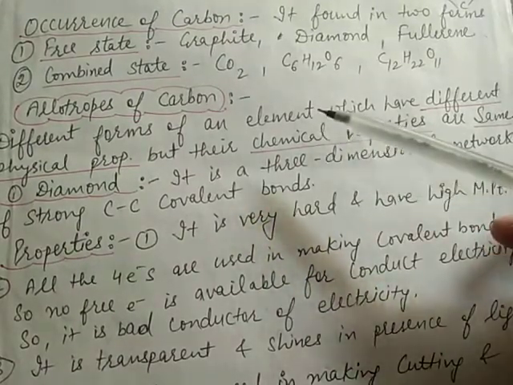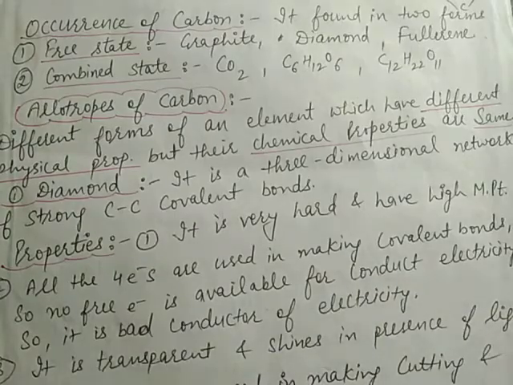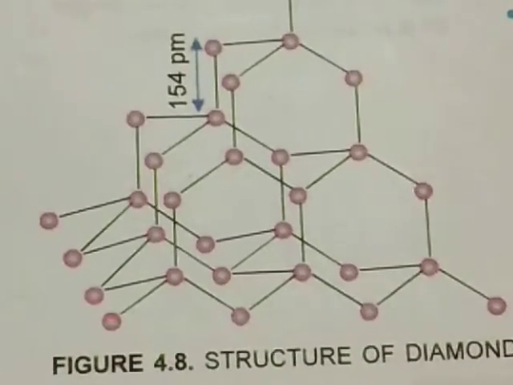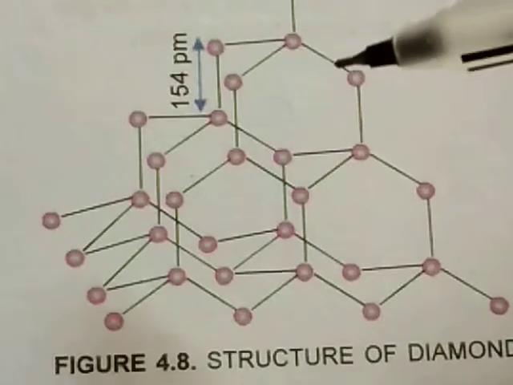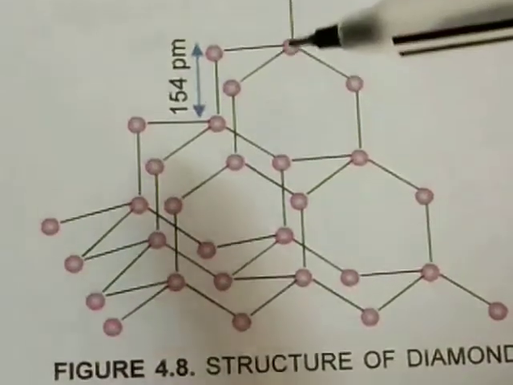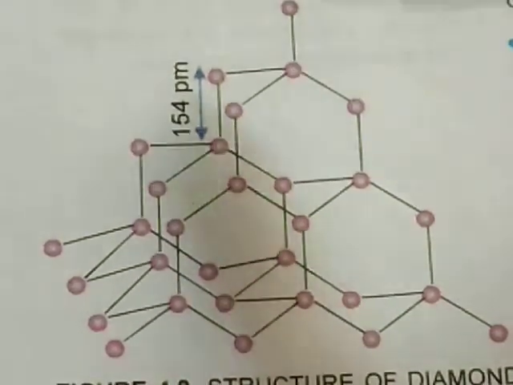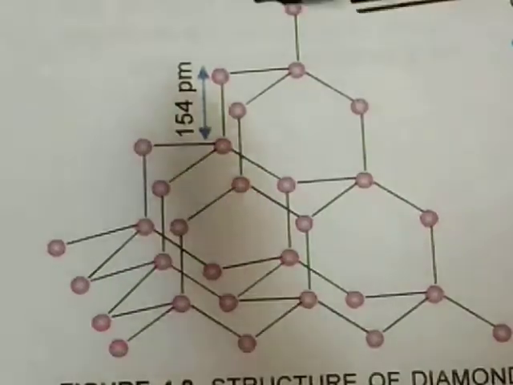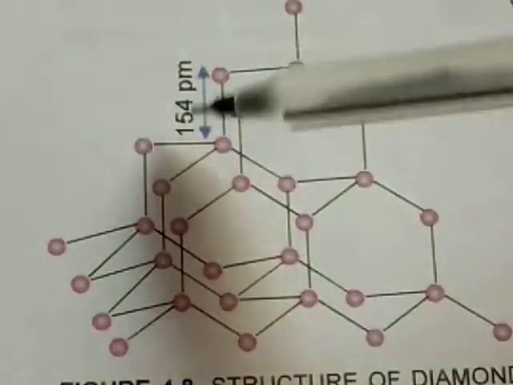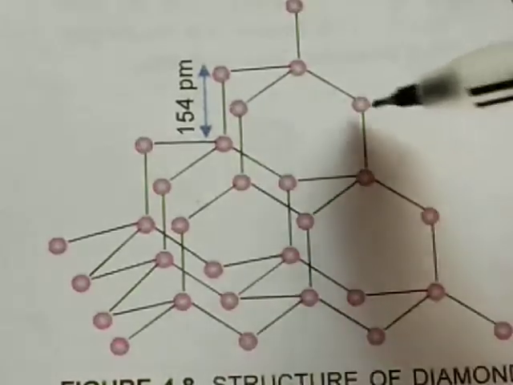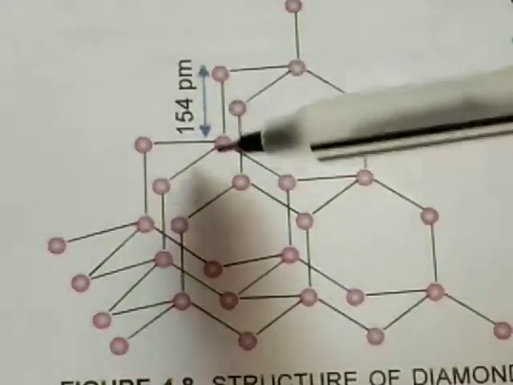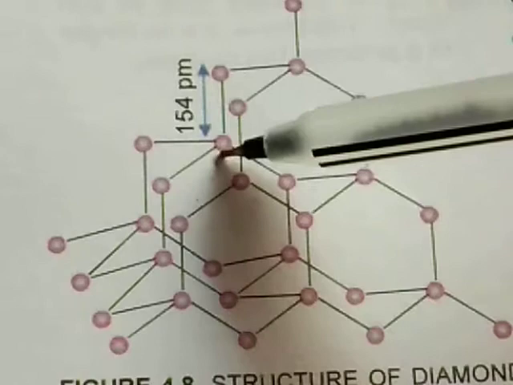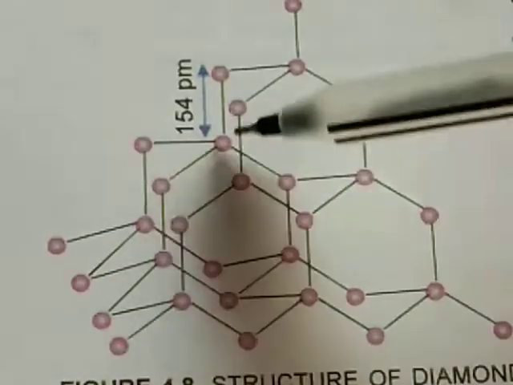Now the structure of diamond. This is the structure of diamond. This is the carbon atom which is linked with 4 carbon atoms, 1 2 3 4. Each carbon atom, this is the center carbon atom, 1 2 3 4.